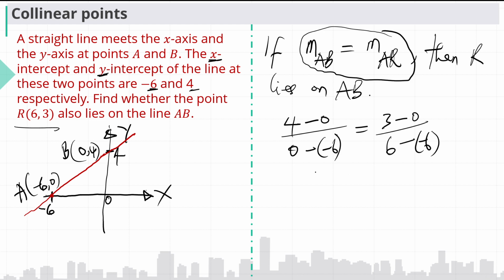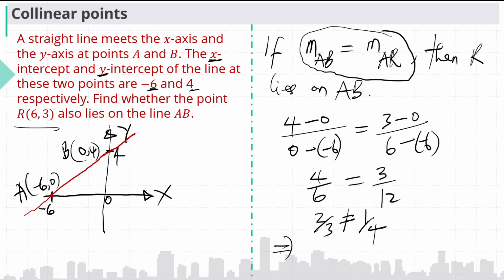Now left hand side is giving us 4 divided by 6. Right hand side is giving us 3 divided by 12. The left hand side simplifies to 2 divided by 3. Right hand side simplifies to 1 divided by 4. We see that the left hand side is not equal to the right hand side.